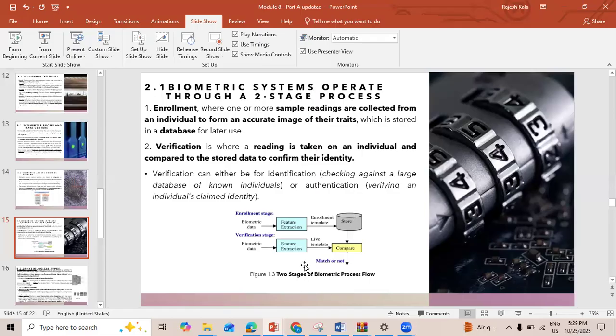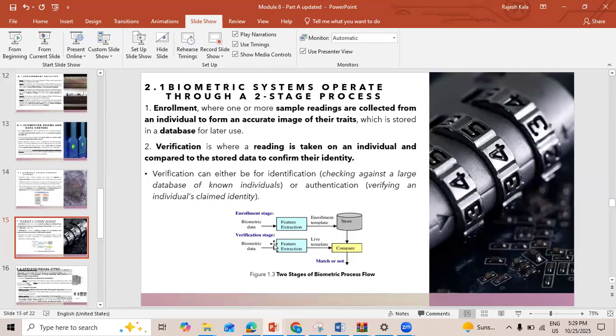It matches the face features which I just scanned through the camera with the already stored face in the database. They have taken my facial recordings many times and stored them in the database.